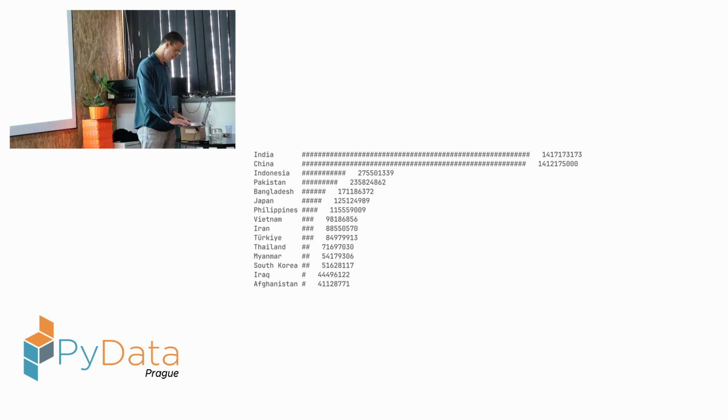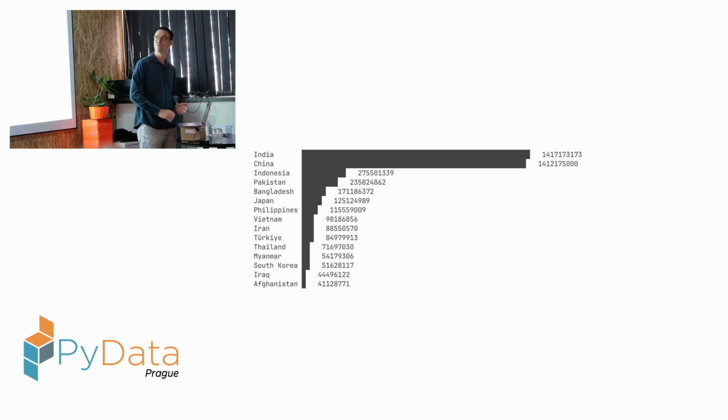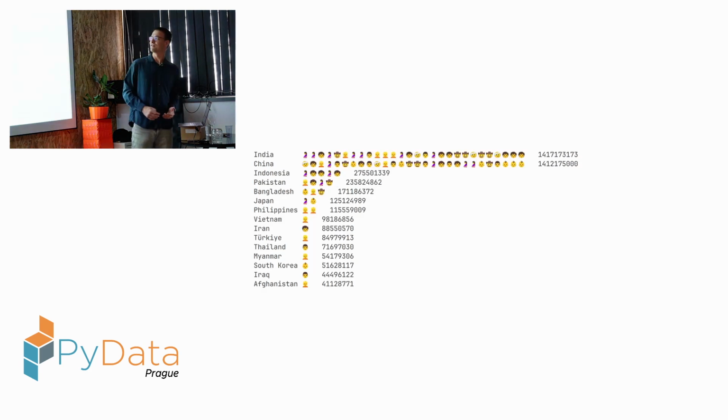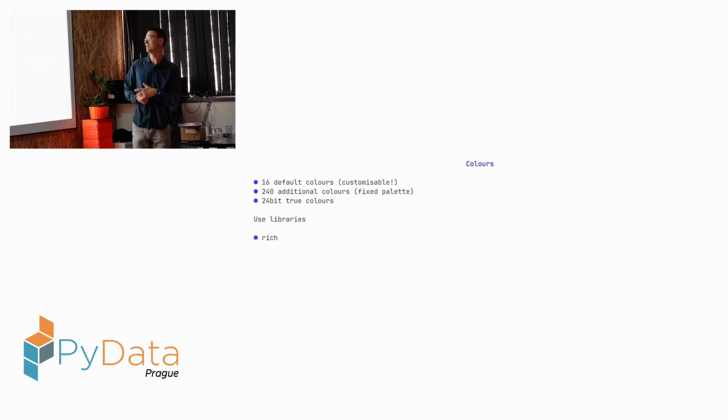If you are fancy, you can use nice Unicode characters, or you can even use those emoji. And you also probably want to use colors. I said the terminal can use up to those 16 million colors or whatever.